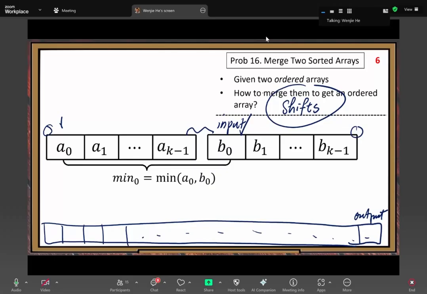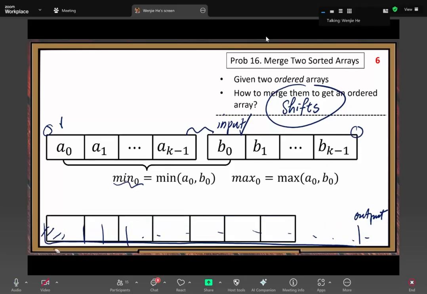So we can put the smaller one in place immediately, because that's the first element in the destination array. Then after the first comparison, we can put the smaller of A0, B0 in place, in the first position in the destination array.